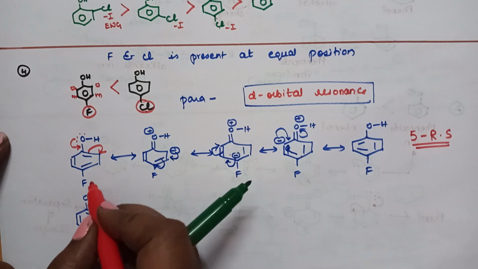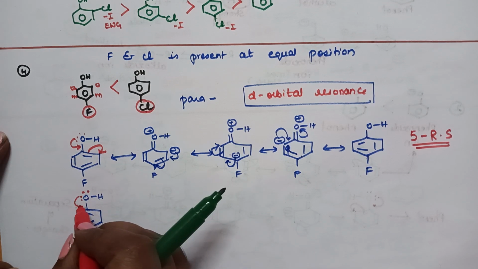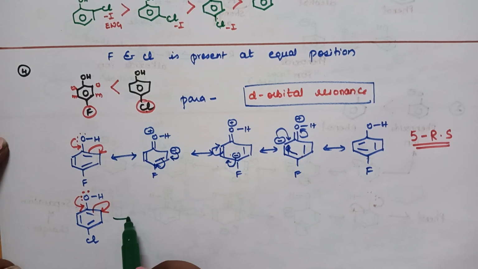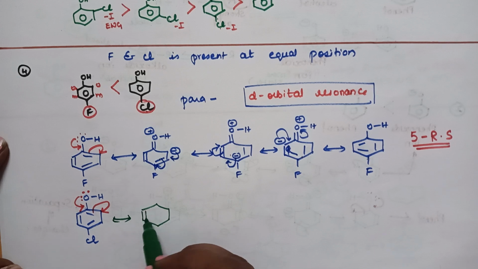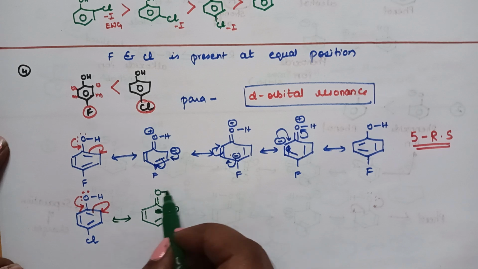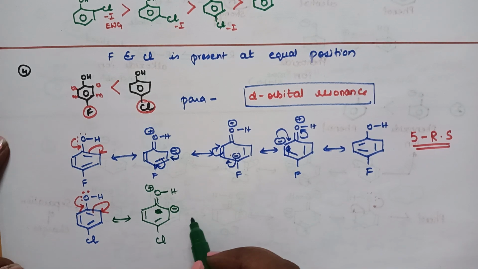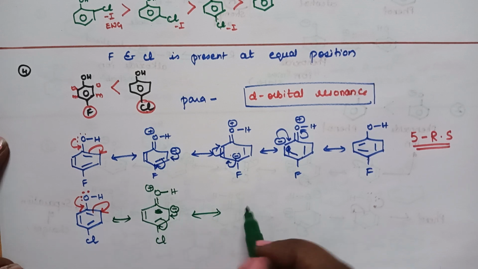So now, lone pair of electrons are present here, so this will shift. Double bond O and this negative sign here and positive sign here and then chlorine. Electrons shift here, then this bond shifts here.